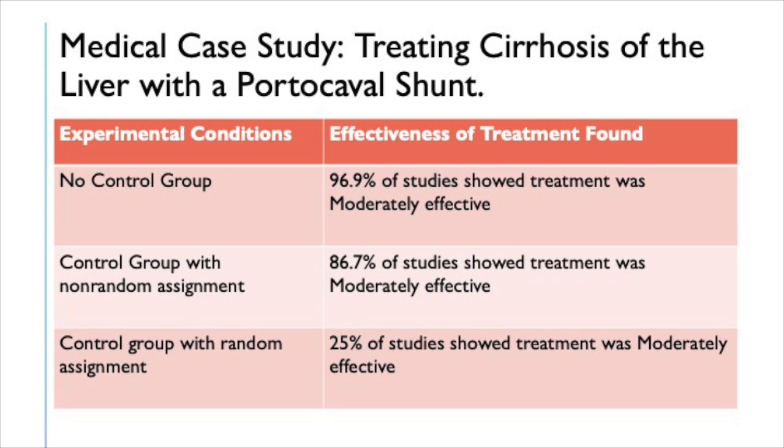So in that case, some of the findings in the first example, where 97% of studies showed that the treatment was moderately effective, some of them were spurious, so at least 10% of those were explained by something other than the treatment, because the control group got better even though they didn't receive any treatment. And then the final one, control group with random assignment. Only 25% of studies showed that treatment was moderately effective.